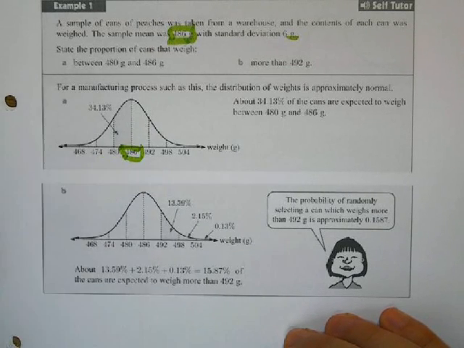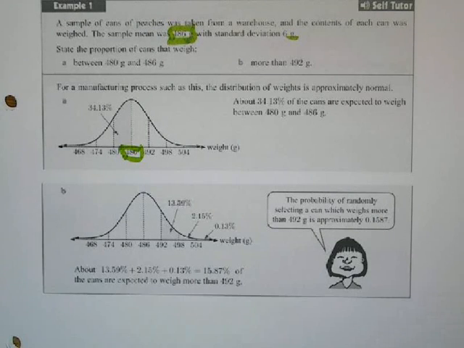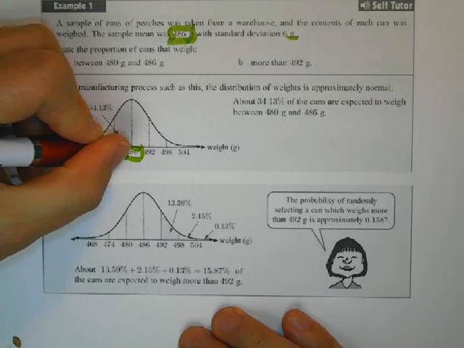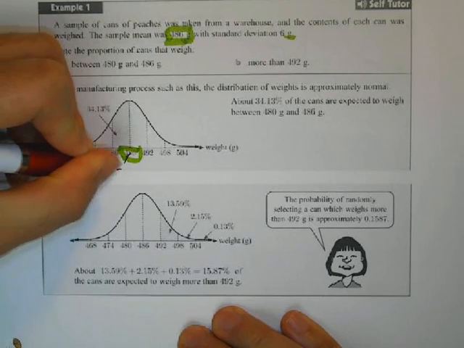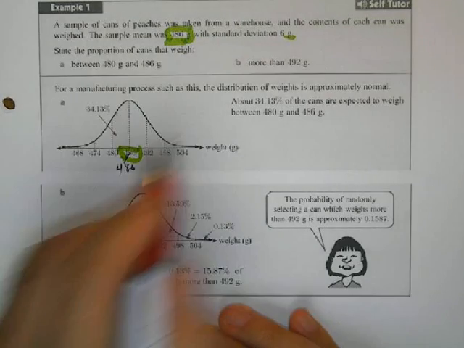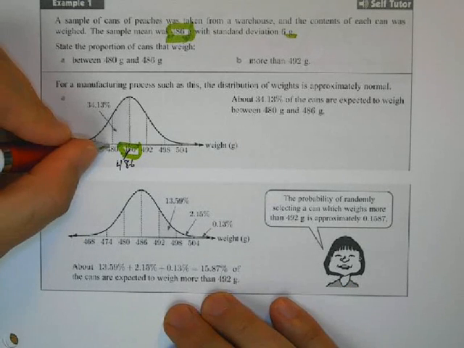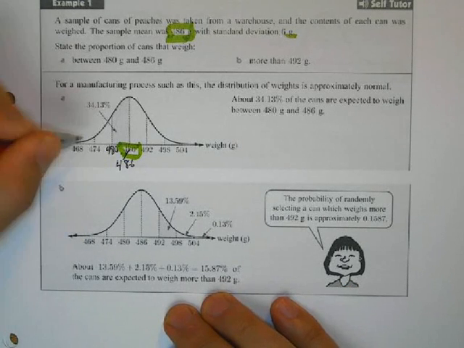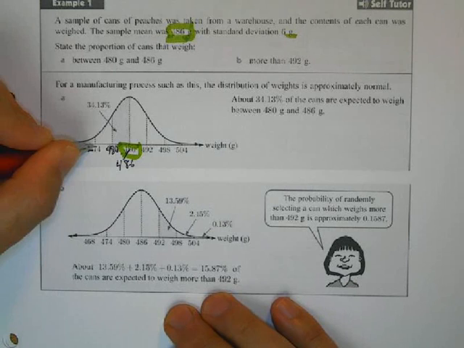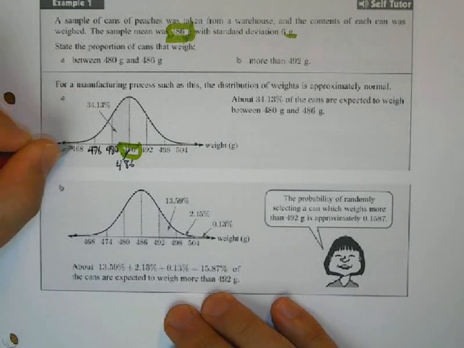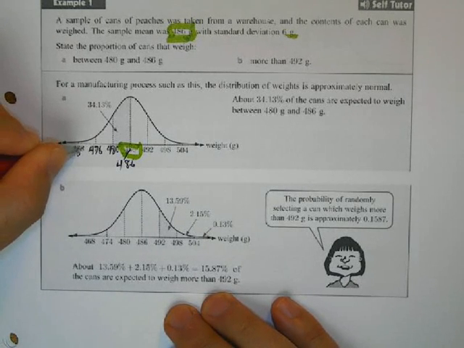Okay? So this value right here is 486. And the standard deviation is 6. So here, notice that this is 480, and then we subtract 6 from that, 474, and then 468, right?